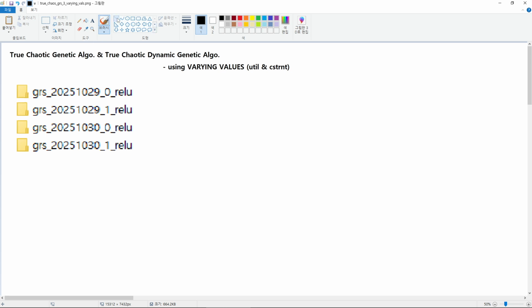Here we go. Now I'm going to explain the specifications of each of these grid searches.